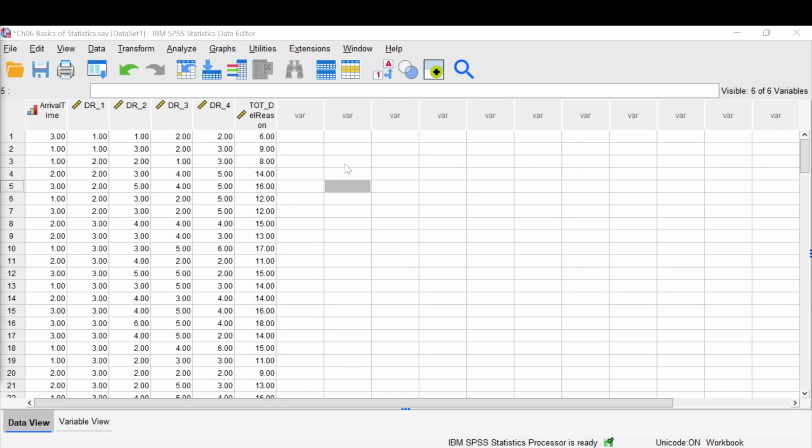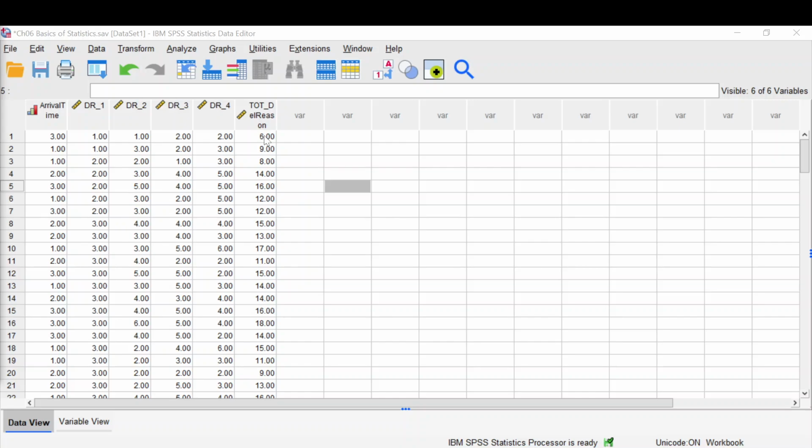So what we're going to do is take the aggregate, or the sum, of our 4 reasons, and we're going to analyze the total delay reason item. And if you recall, each one of these reasons is on a Likert scale from 1 to 7. So the maximum value of our total delay reason will be 7, 14, 21, 28.